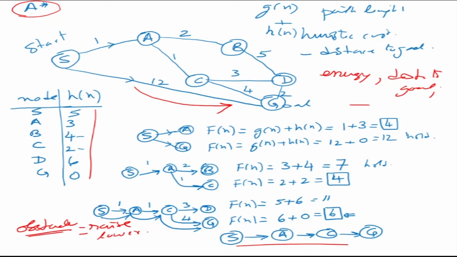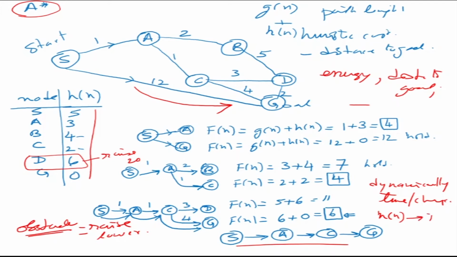Say for example, if it is going towards D, and here it finds that there is an obstacle, it can raise this one's cost and make it maybe 20, so the robot doesn't go in that direction again, okay. Or if it finds that it is a free path in some direction, it can lower the cost. So you can dynamically tune or change the values of the heuristic Hn, and this is what we call the dynamic A star, or D star.